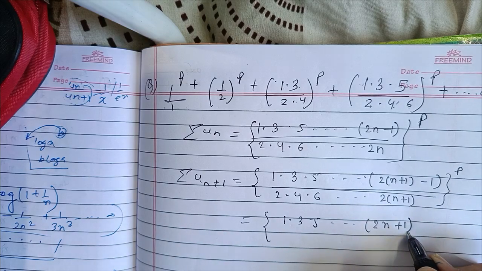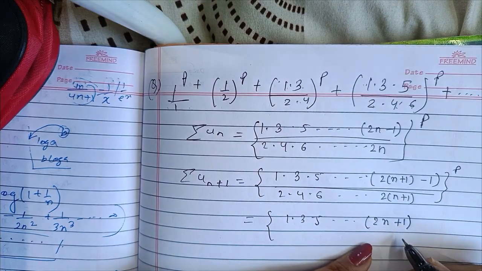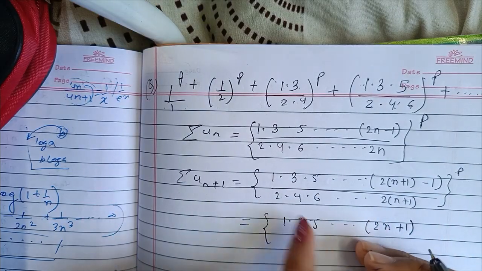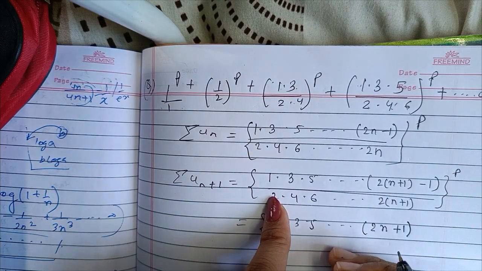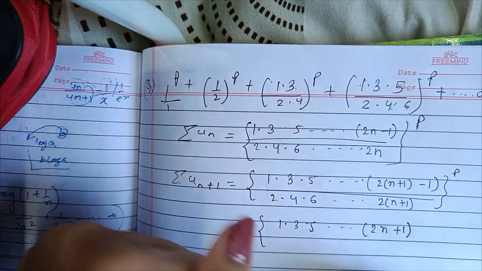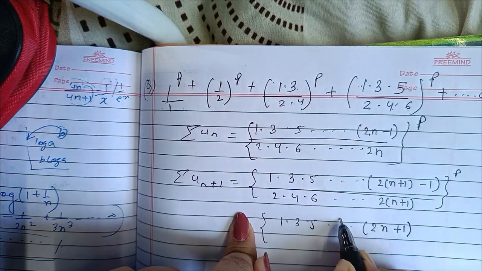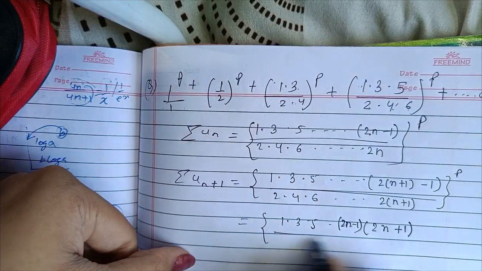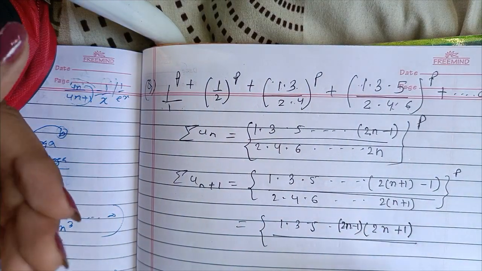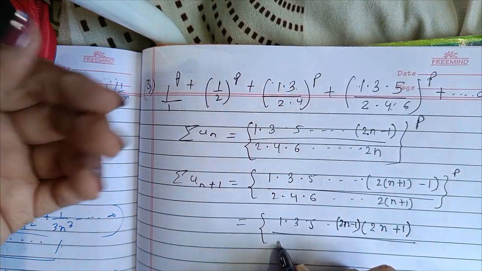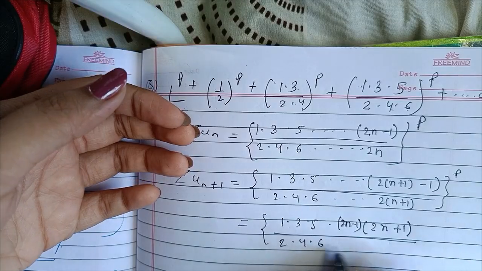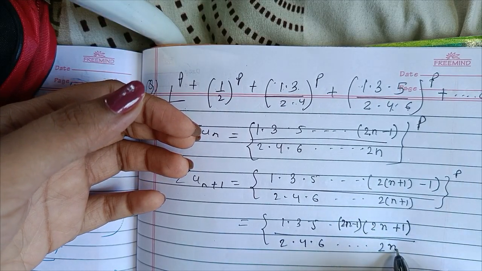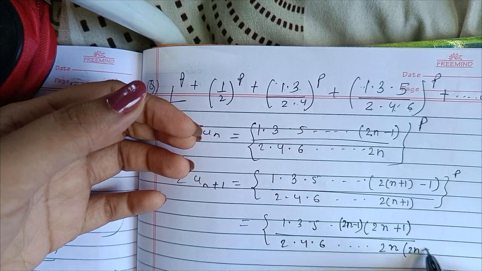Alright, now this is one step further of this one. So you can write this also over here. This is the way of solving this type of question. I have taken this type of question earlier also. So now 2, 4, 6, and this is 2n, then 2n plus 2.